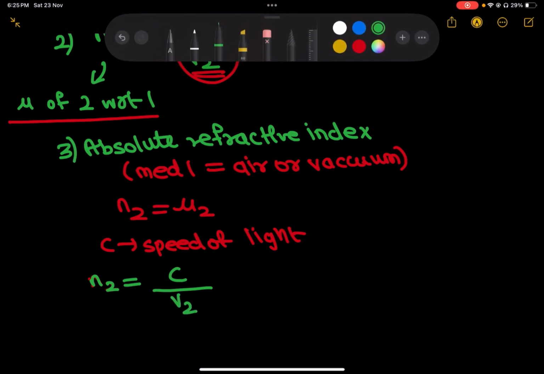Here v2 is velocity of light in medium 2, or you can simply write v. So this is the formula for refractive index. Here one medium, medium 1, is fixed, it is air or vacuum.